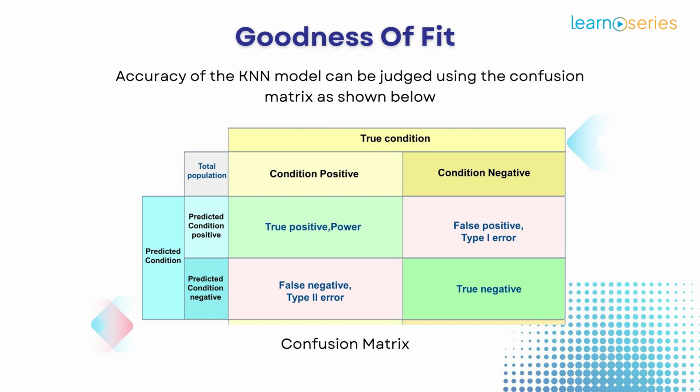Then this one is false negative, also called a type 2 error, and type 1 error is the false positive. Your prediction is negative, but actually it is 1, so it's called falsely negative. This is called the goodness of fit, the confusion matrix.